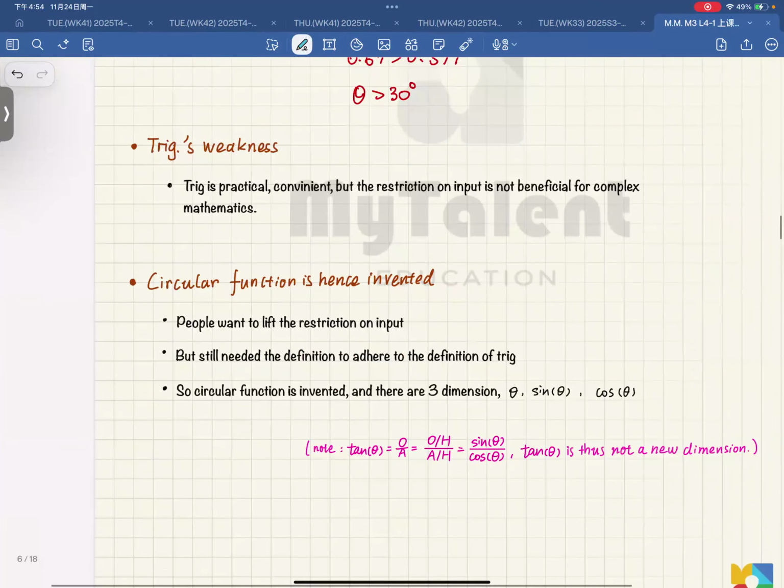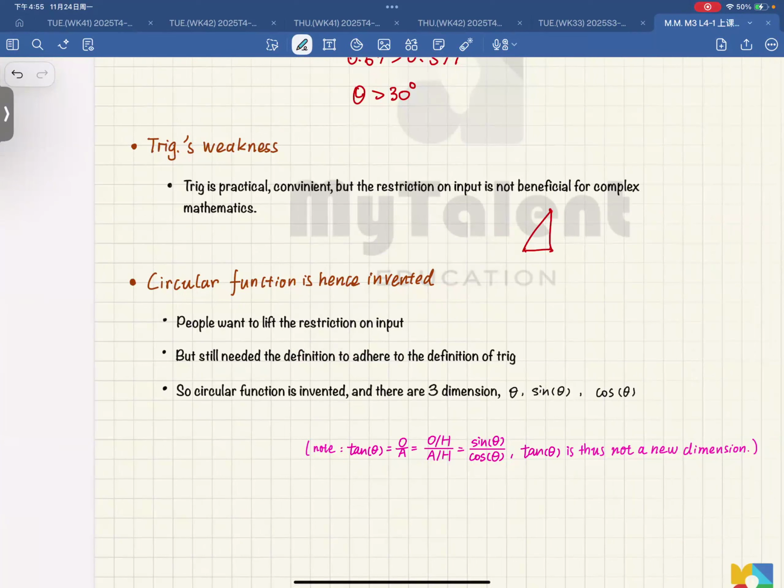Basically, we covered the very fundamental concept of trig, but trig has its weakness. For example, we can only use it in a triangle.